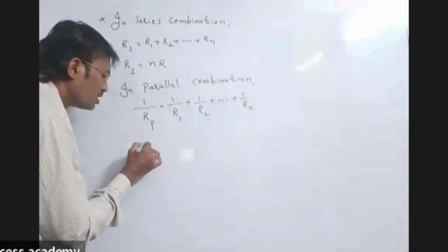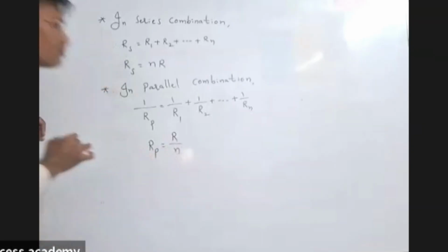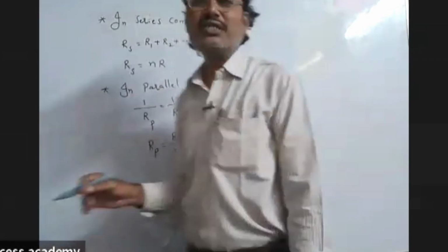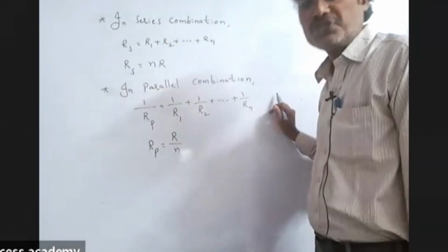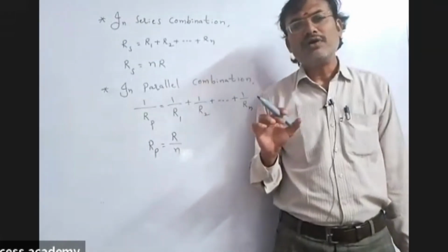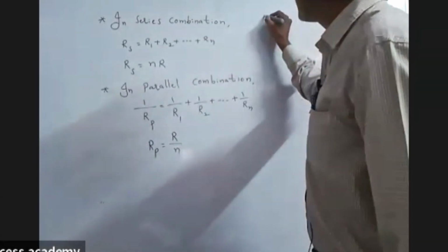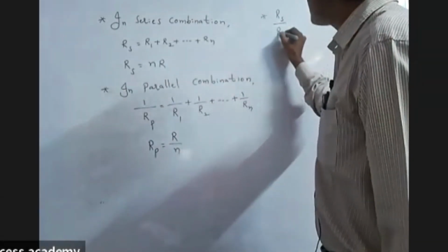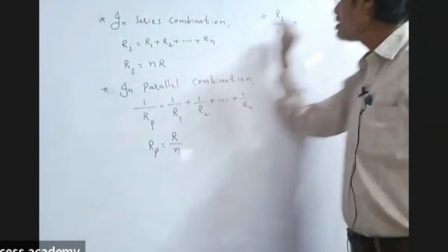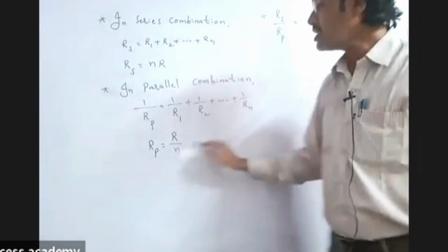For identical resistors, Rp is equal to R by N. If you want to take the ratio between the effective resistance of series and parallel combination, the ratio is Rs by Rp. What is Rs in the case of series combination of identical resistors? NR. What is Rp? That is R by N.